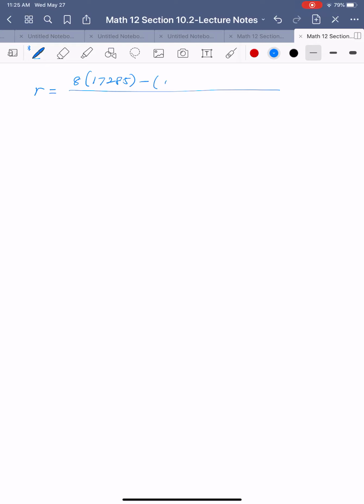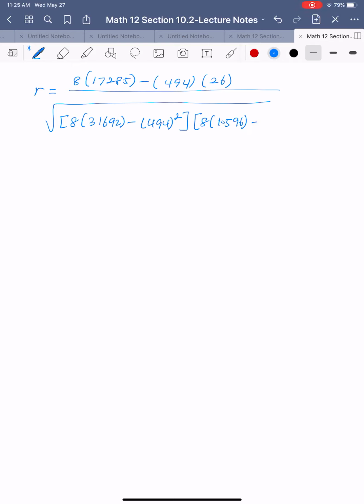And then we can find the r. So n is 8. Sigma xy is 17,285, subtract sigma x, 494, times sigma y, 260, over the square root of n, 8, times sigma x squared, 31,692, subtract sigma x quantity squared, 494 squared, bracket close, open, and n times sigma y squared, 10,596, subtract sigma y quantity squared, 260 squared, bracket close, and then we'll get 0.771.